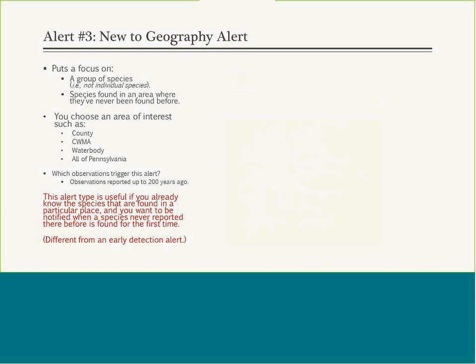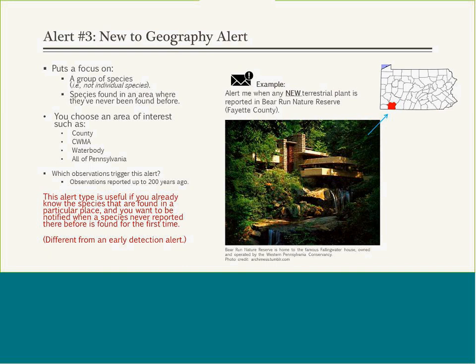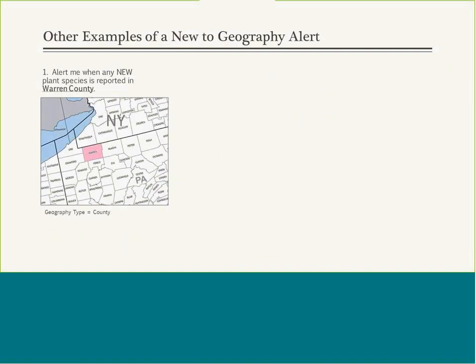Here's an example. You could say, alert me when any new terrestrial plant is reported in Bear Run Nature Reserve, which is located in Fayette County. So maybe you're a land manager there, and you basically know all the species that have already been reported, but if you set up this new to geography alert, this would potentially notify you if something new came around that you want to consider to manage. See other examples. You could say, alert me when any new plant species is reported in Warren County.